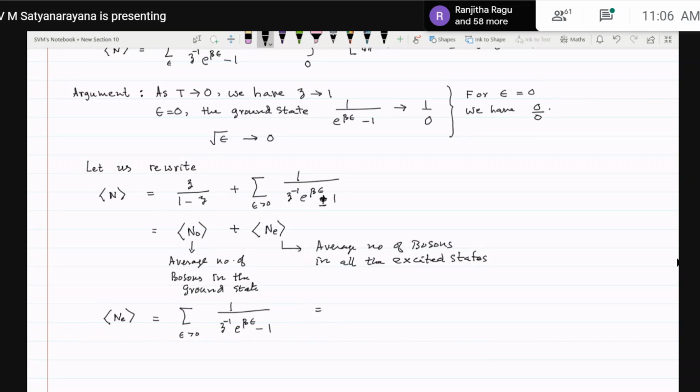This I can now write as V by 4 pi square into twice m by h bar square to the power 3 by 2 and the integral from 0 to infinity d epsilon square root of epsilon over z to the minus 1 e to the beta epsilon minus 1.